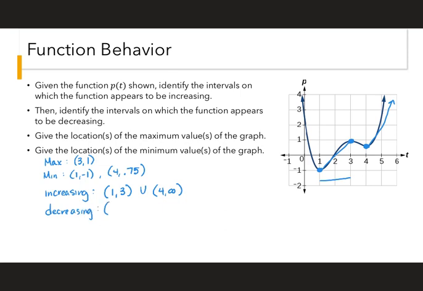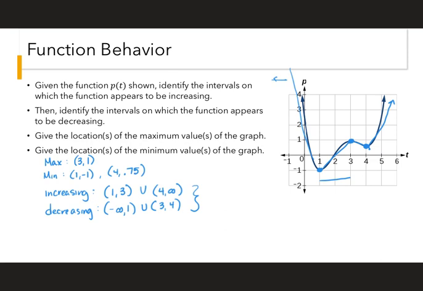For decreasing, it starts decreasing, right? All the way from over here, it's decreasing to begin the graph. So negative infinity to 1, and then decreasing from 3 to 4. When you combine your increasing and decreasing values, you should, probably 99% of the time, especially in this class, you should end up with the entire domain.